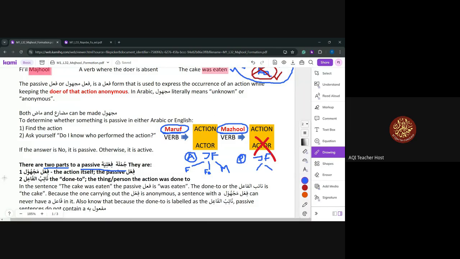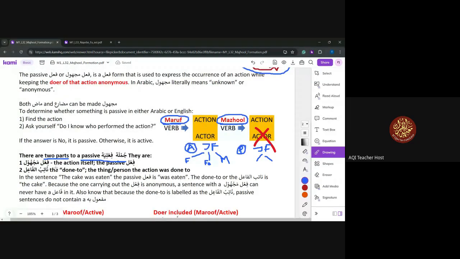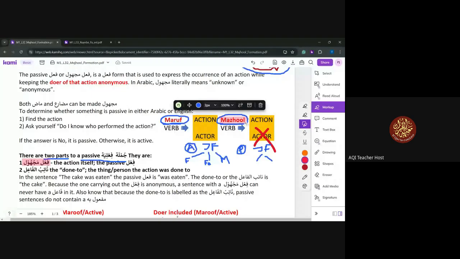The first component is known as fi'l majhool. We already know majhool means a passive verb, so the verb is in its passive form. Through examples below, in some minutes, we will identify how the majhool pattern looks. It has a specific pattern that we will memorize, inshallah.